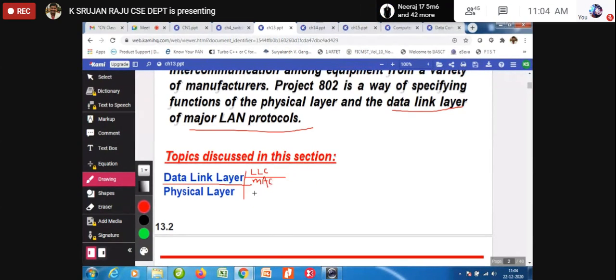The MAC sublayer deals with the physical things, whereas the LLC deals with the upper layer.